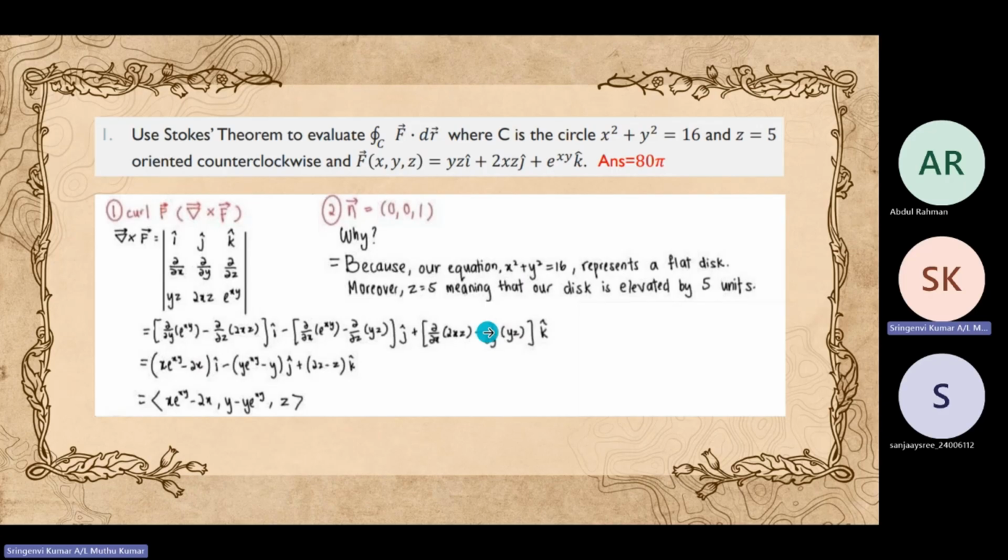Okay, next we compute the curl of F. Our vector field is F equals yz i plus 2xz j plus e raised to xy k.